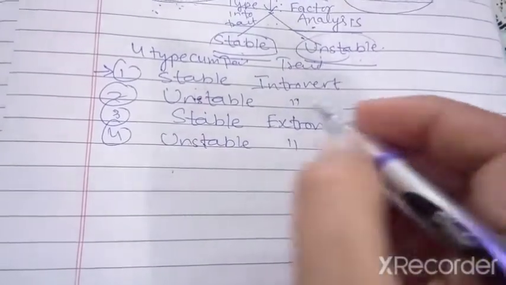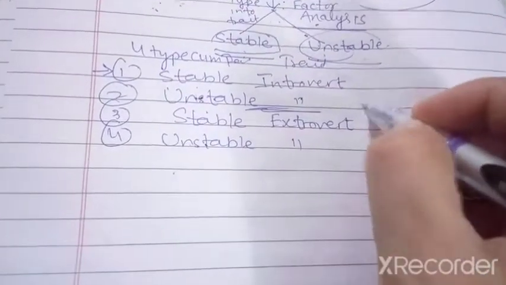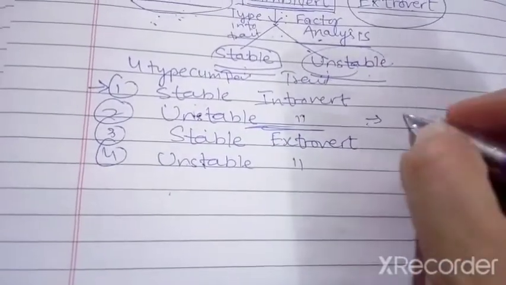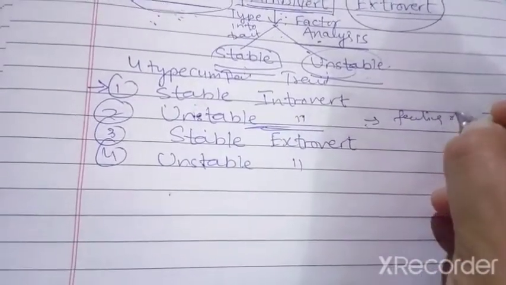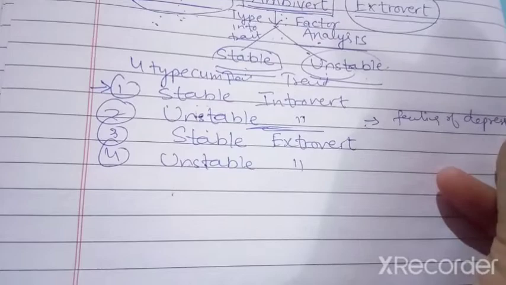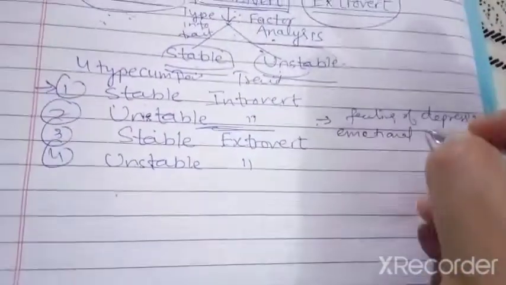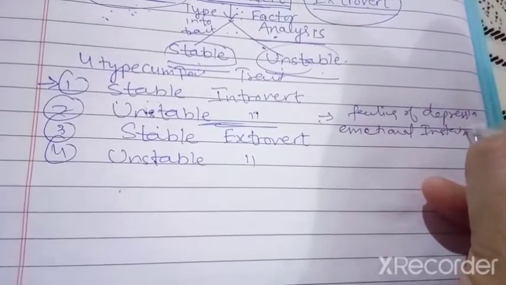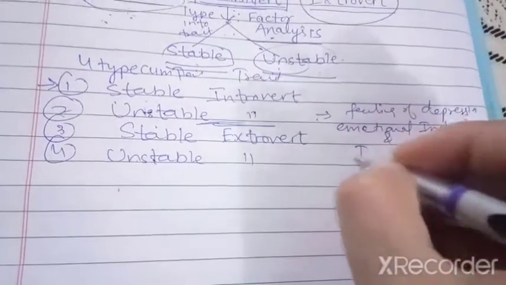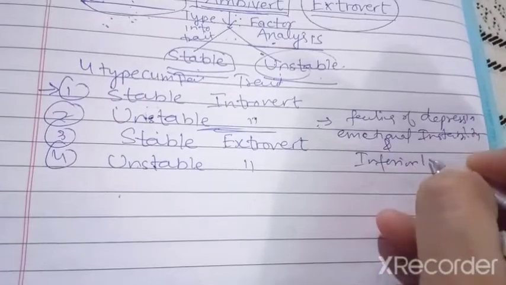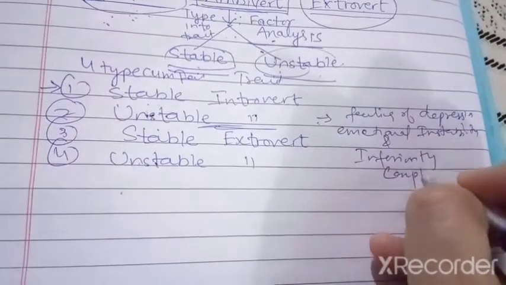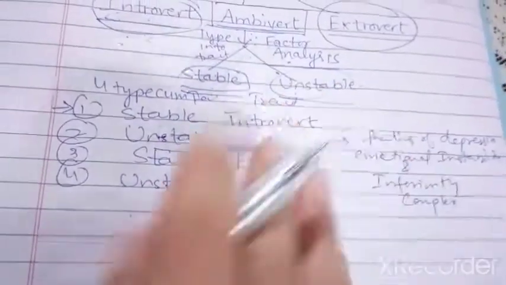an unstable introvert, that person can develop the feelings of depression, emotional instability, and inferiority complex, because they are not stable.